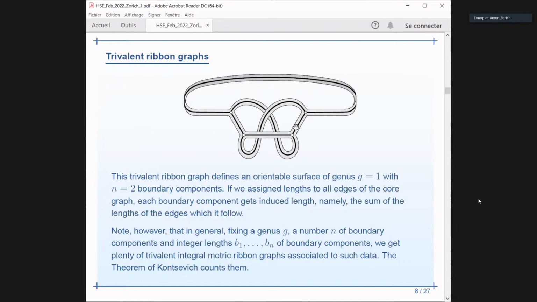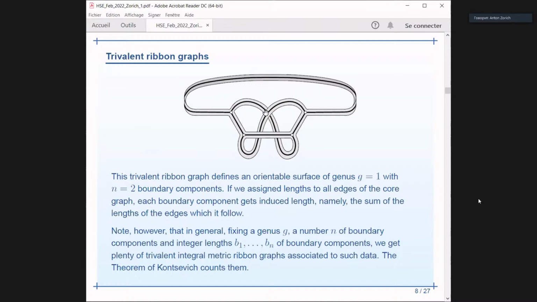Then if our boundary component follows the next edge, it also contributes its length to the boundary component, and so on. So the length of every boundary component is the sum of the lengths of the edges which it follows.